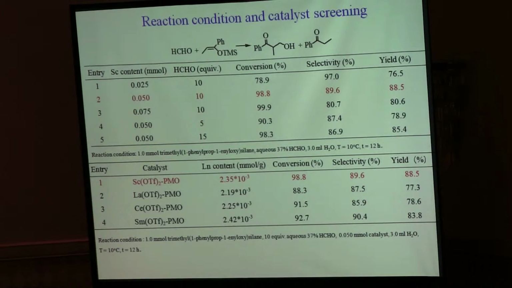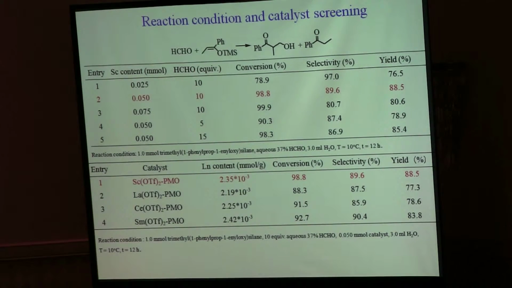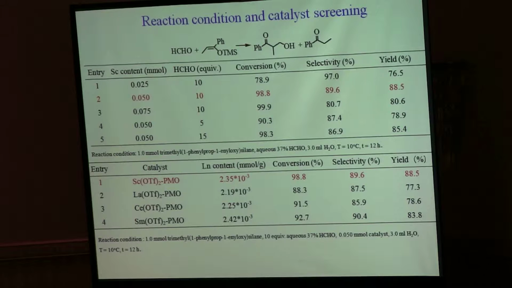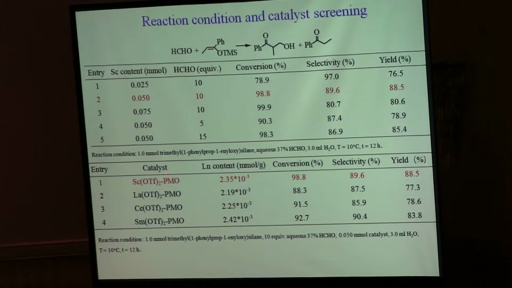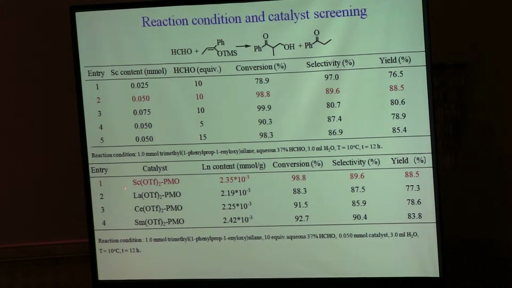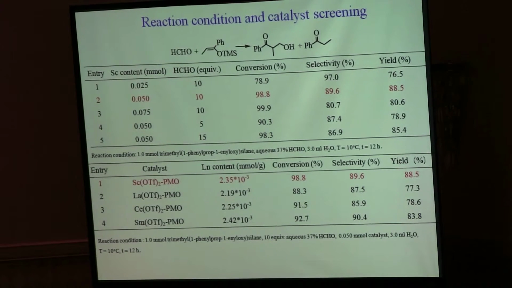As a first step, we did reaction condition and catalyst screening, and we determined the good reaction conditions. We also tried different catalysts, and we found that the scandium triflate functionalized solid Lewis acid is a good one, and can get a yield of about 90.